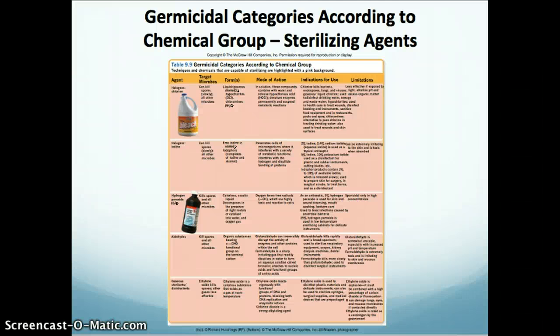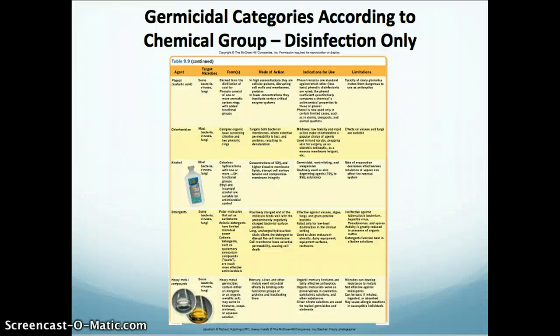And then the second half of this table are ones that are disinfecting only, so they don't have the capability to kill bacterial spores. I'm not going to probably test you on specifics for each of these chemicals, but it's nice to get a good idea of what the range is and the action, how that chemical group acts on a microbe to kill it.